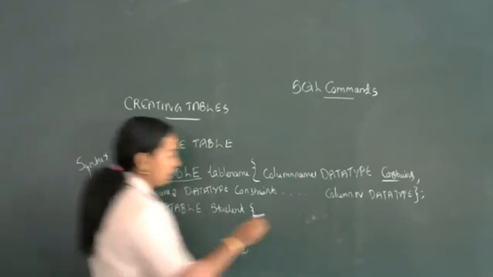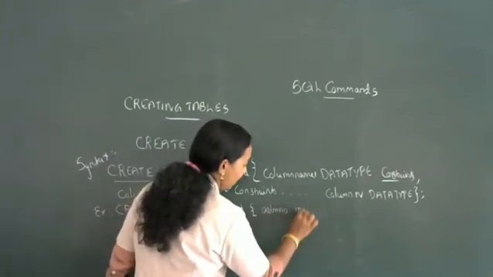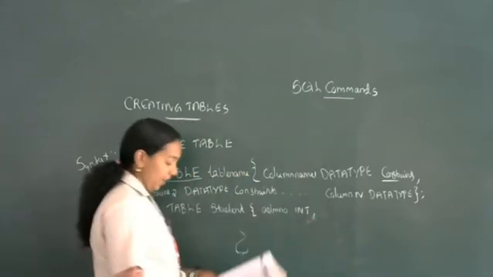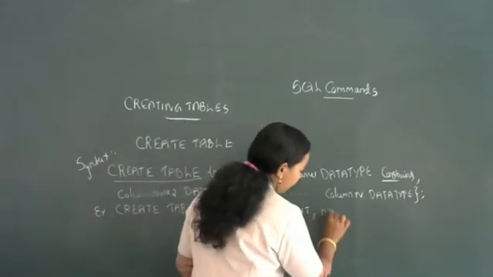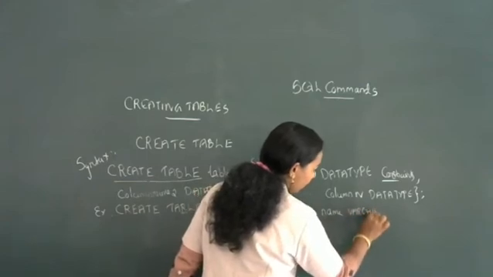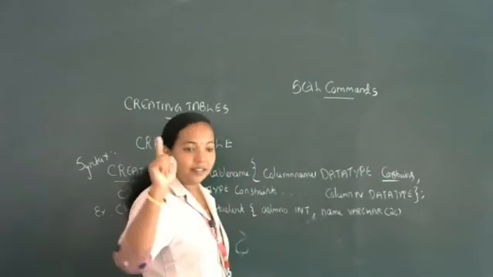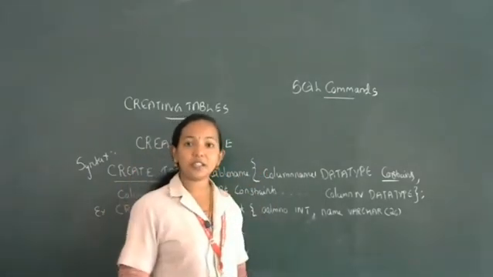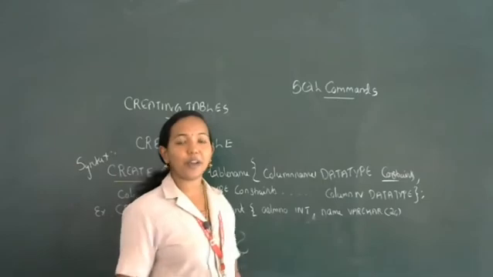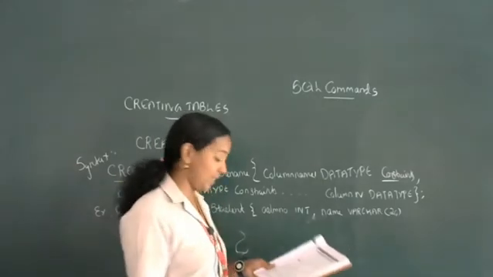First column name is admission number, data type is int. Name, varchar of 20. Look here. Normally in C++ we use square brackets. Here, instead of square brackets, we are using parentheses for giving the size.